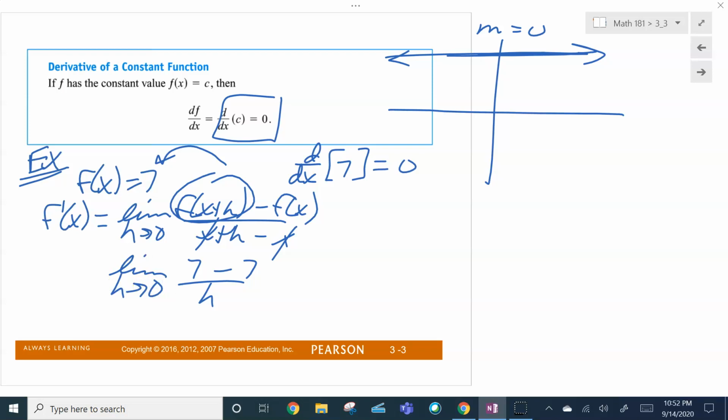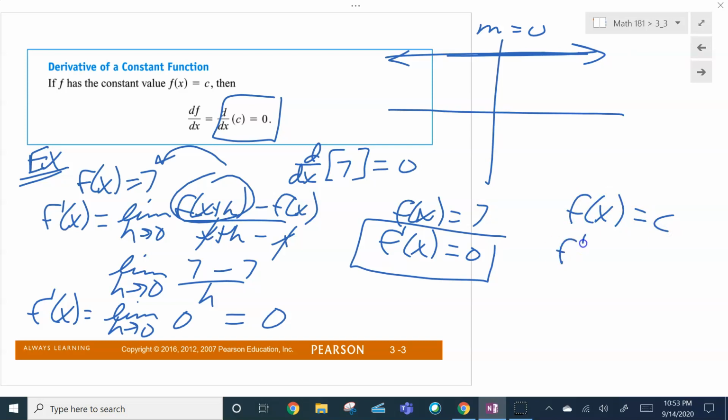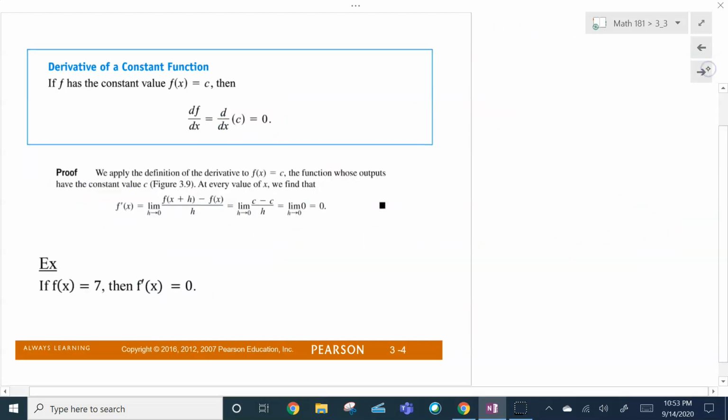So we got 0 over h, which is just 0. So the derivative, f prime of x, is 0. So if f of x equals 7, f prime of x must be 0. So anytime you have a constant, the derivative of a constant is 0. Okay?